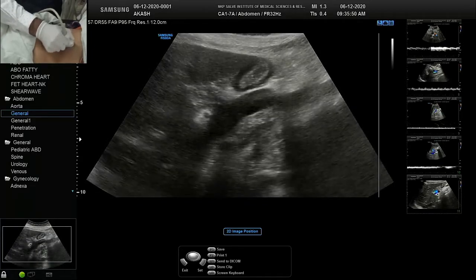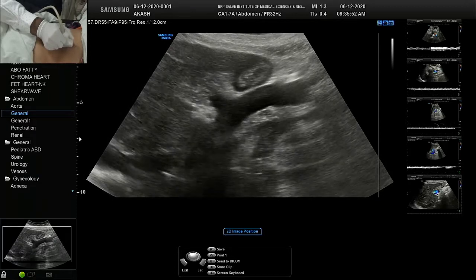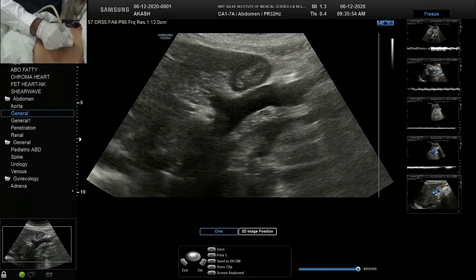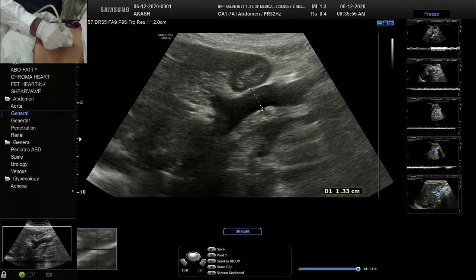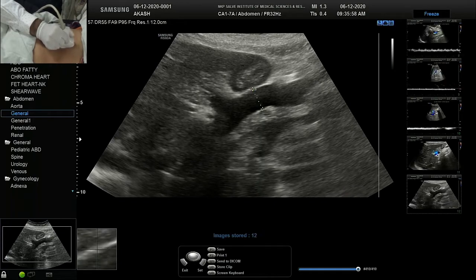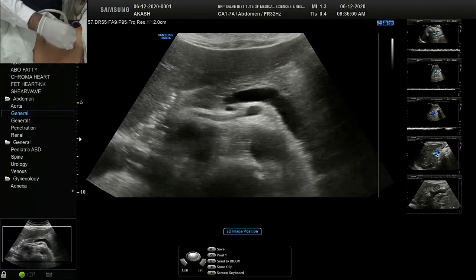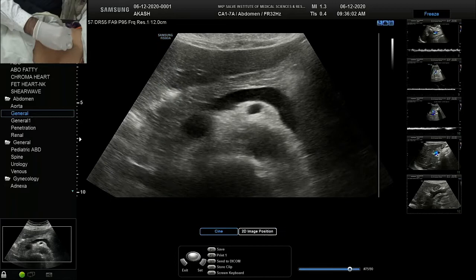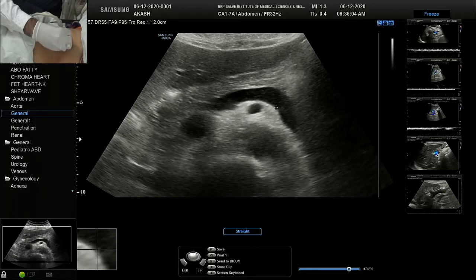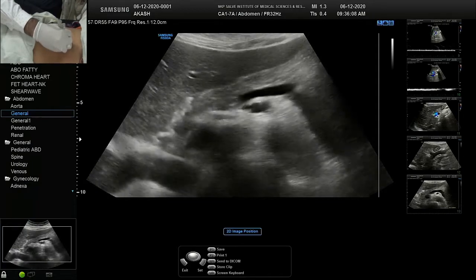The superior mesenteric vein, that is again enlarged here. If you measure the superior mesenteric vein, almost 13 millimeters. The splenic vein, upper limit of normal 9 millimeters.